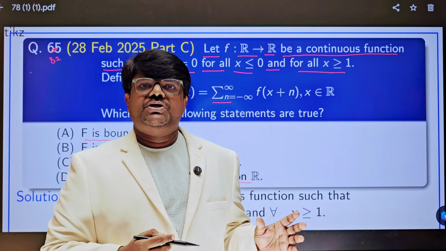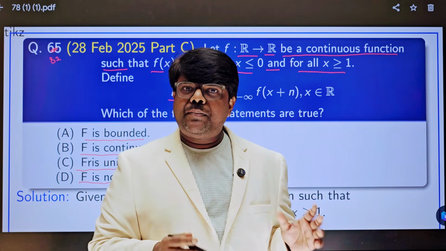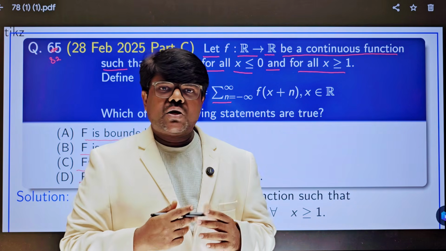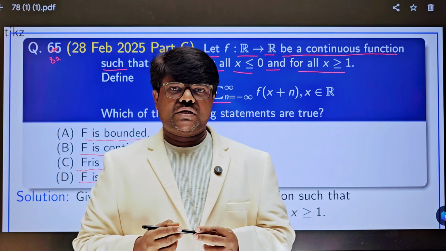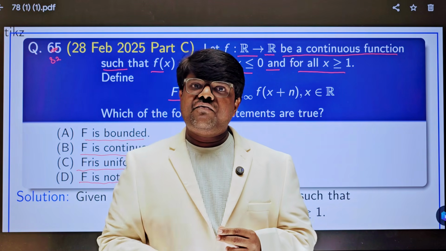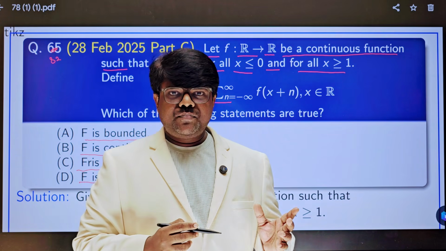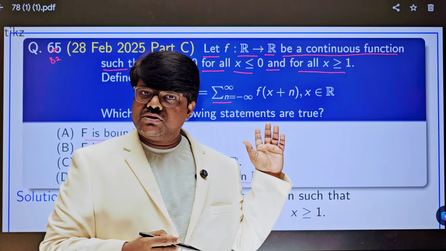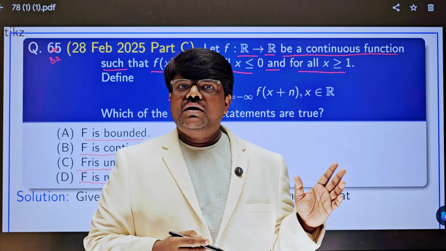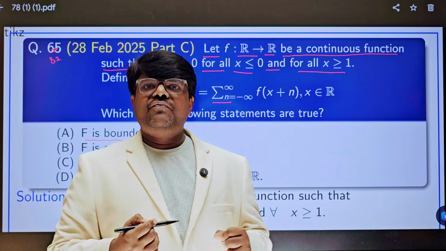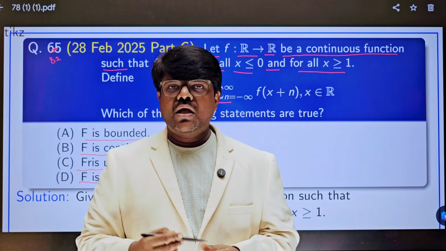Using this information, you have to construct capital F of x, because we don't know what capital F of x is, but capital F of x is constructed using small f of x. You can see the options are all asked in terms of capital F of x.